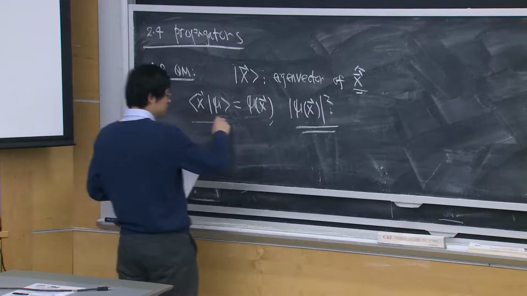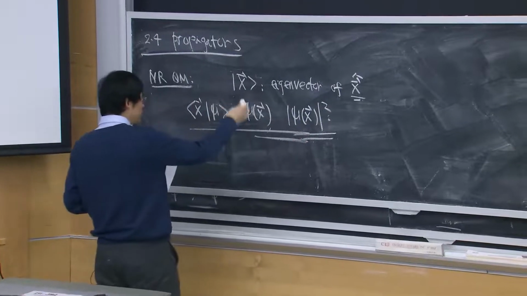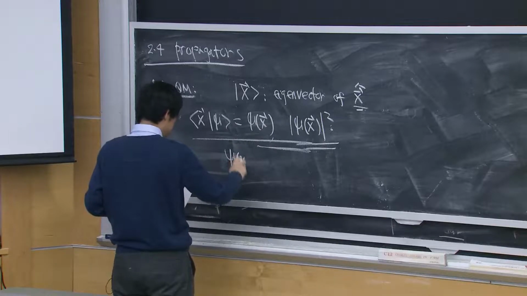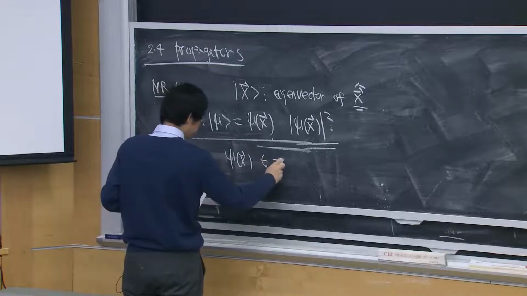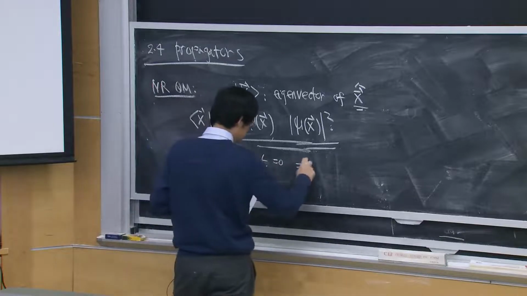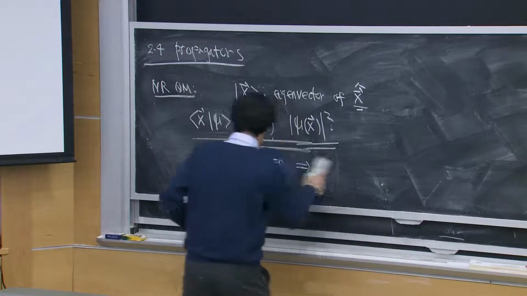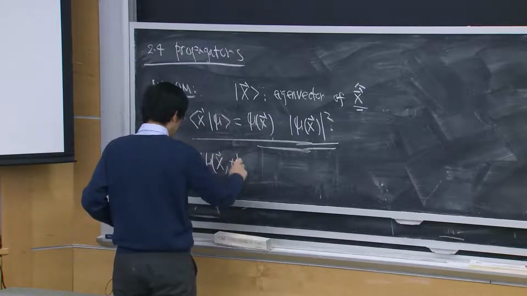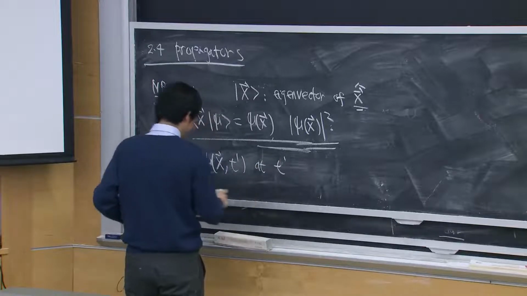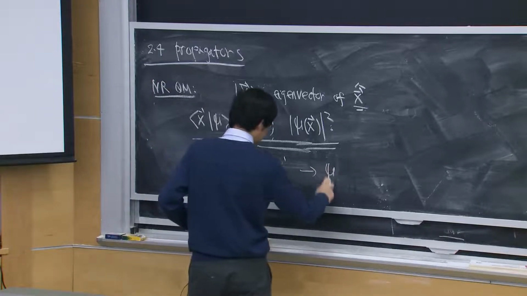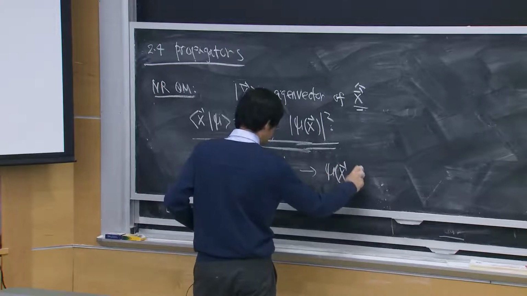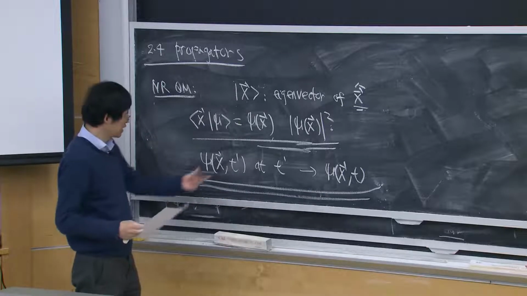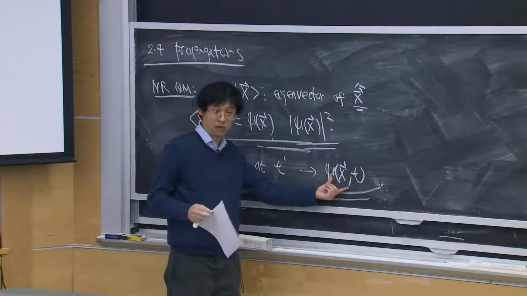Normally we talk about the Schrodinger picture: you start with psi x at some t prime, and you want to find psi x at some t. This is the equation of quantum mechanics. If you know the wave function at the initial time, you want to find it at some future time.